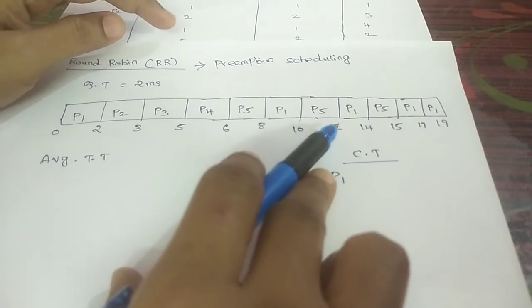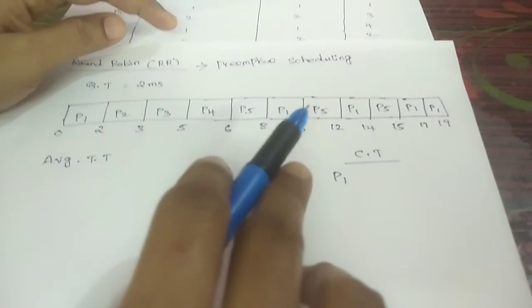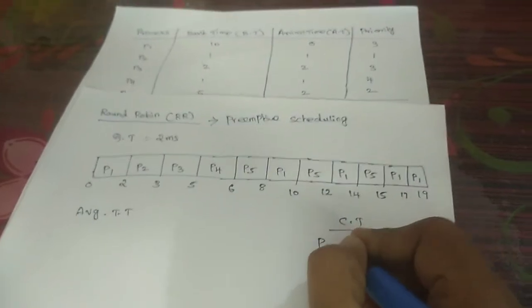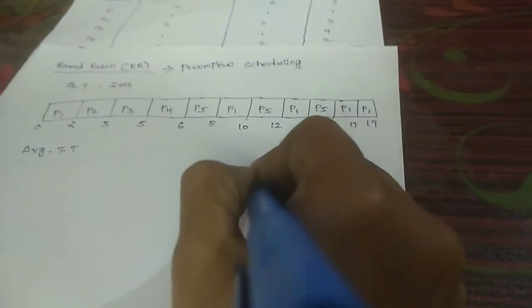P1 completed its execution at the 19th millisecond. Even though we have more preemptions here, P1 completed its entire execution at millisecond 19. So the CT of P1 is 19.